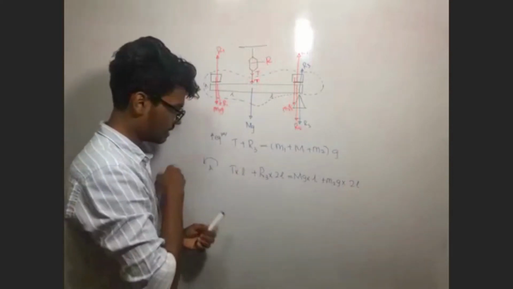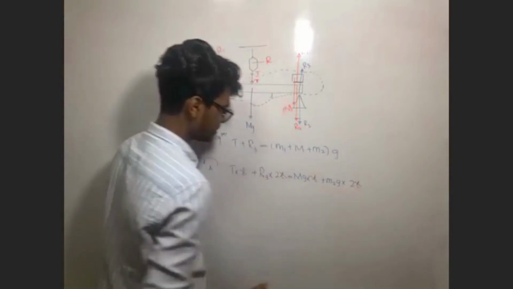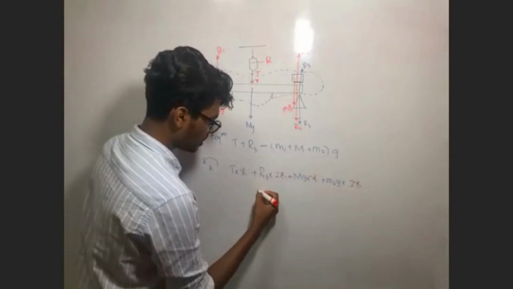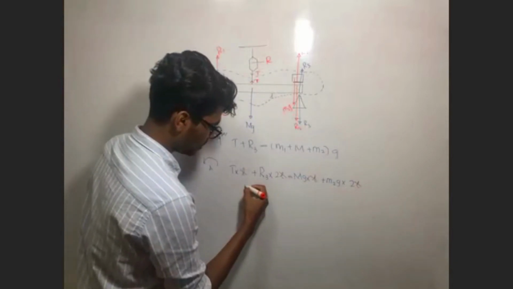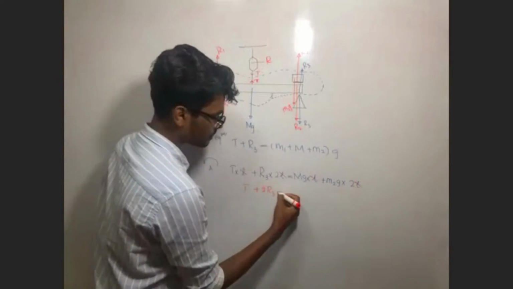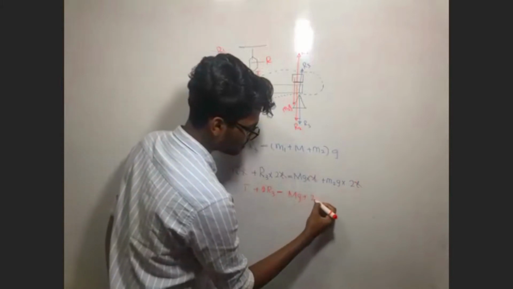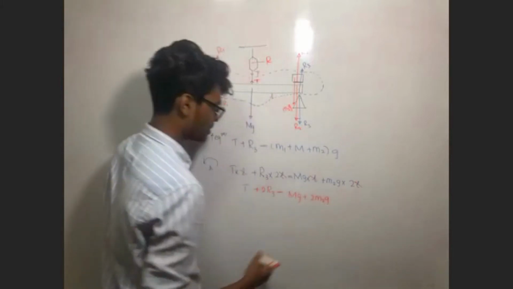L cancels out. So T plus 2R3 is equal to Mg plus 2M2G.